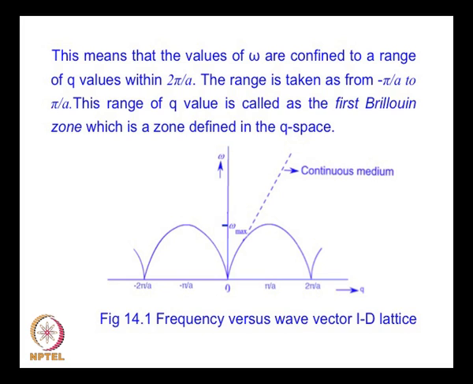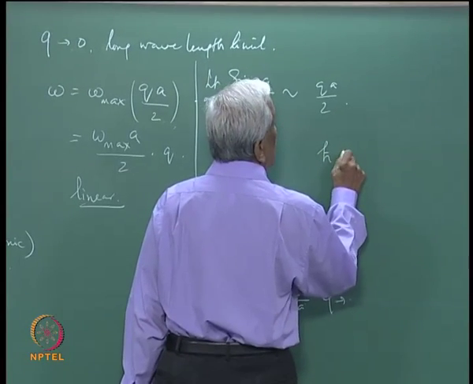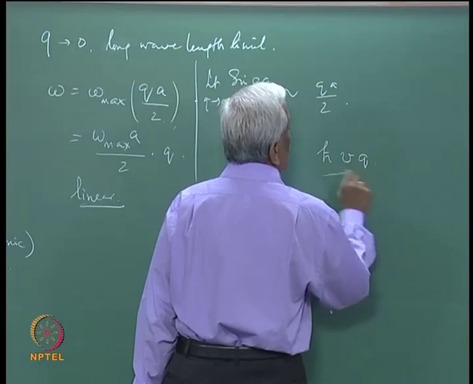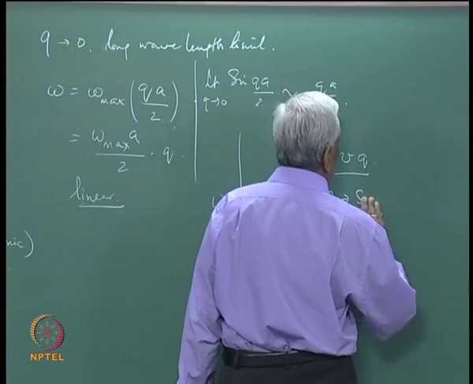So, this is the basic content of these one dimensional lattice vibrations, and these are the quantized excitations of energy h cross v q, where v is the speed of sound.